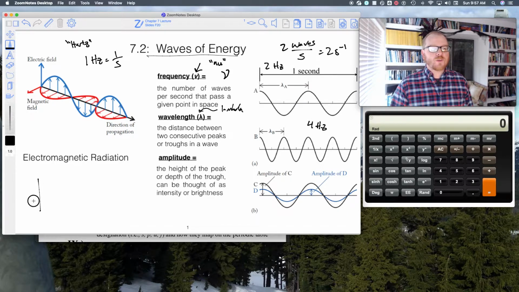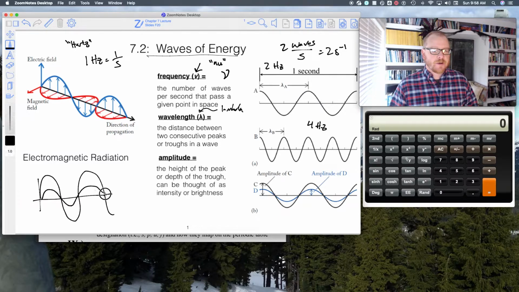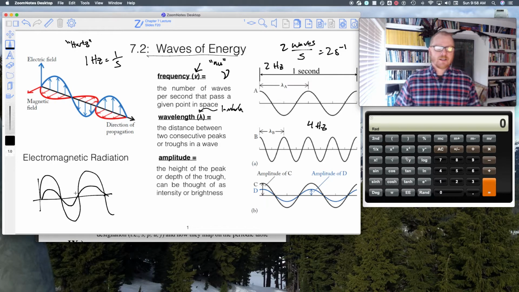Okay, and I can change the amplitude, so I can make light much brighter, for example, or I can make it dimmer without changing the frequency, right? So suppose this is a really large amplitude, it's a really bright spot. I could dim that light by doing the following, right? I just have less amplitude, but it's the same frequency, right? You can see I'm trying to draw the waves in the same frequency, okay?